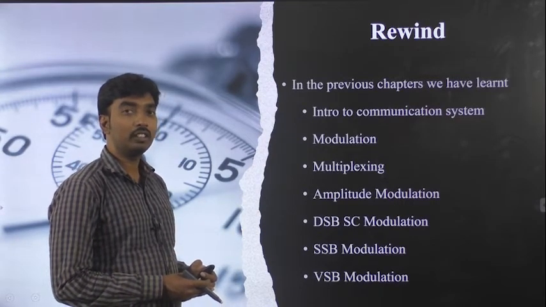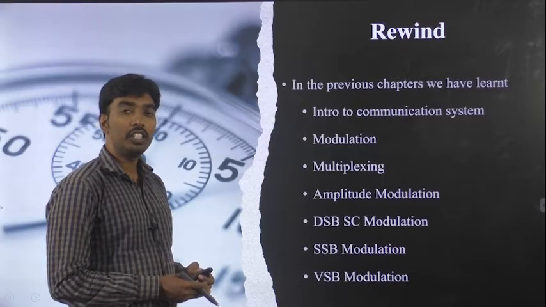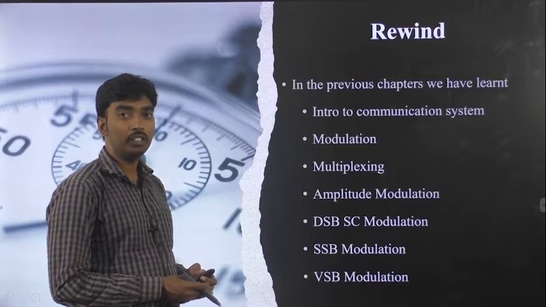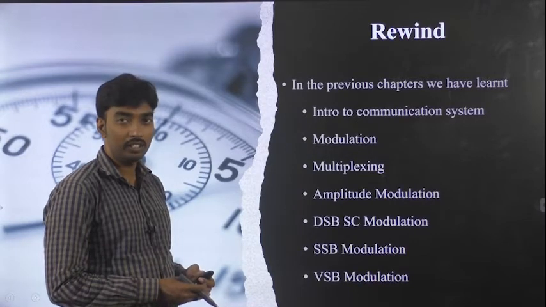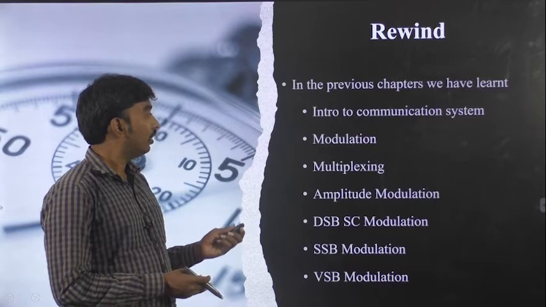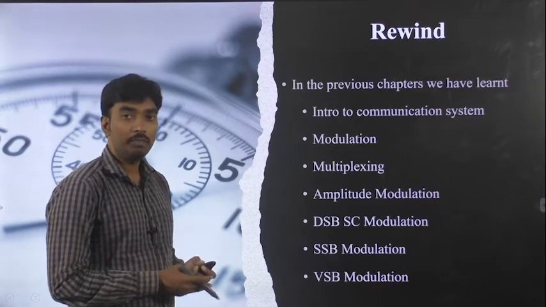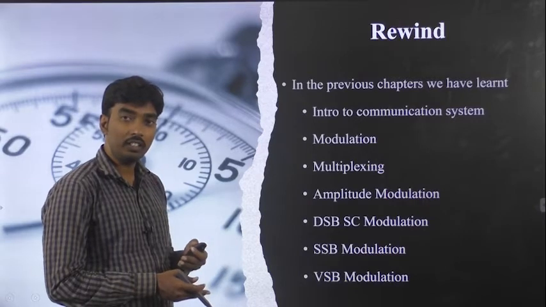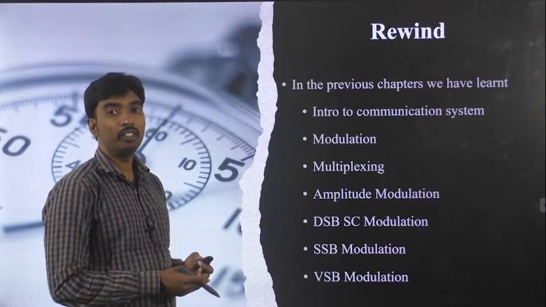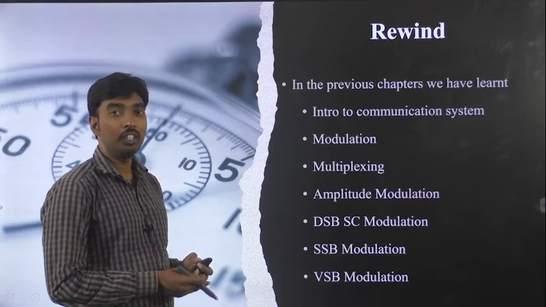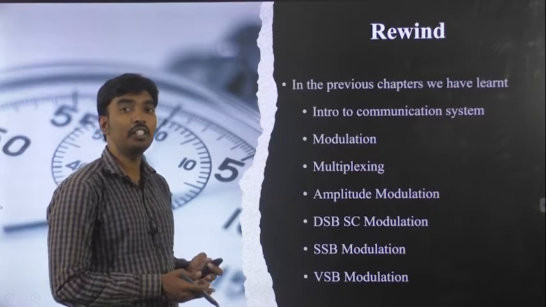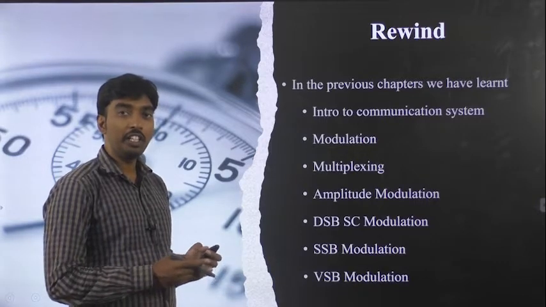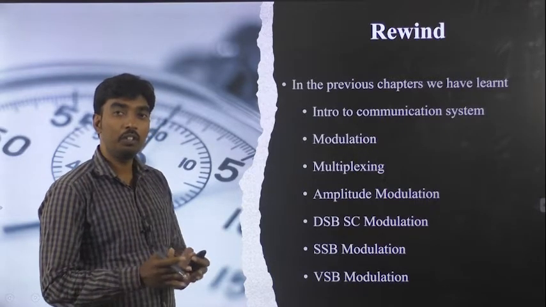Modulation is nothing but the process of changing the characteristics of a high frequency carrier signal with respect to the instantaneous values of the message signal. And then by doing the modulation, we can multiplex the various signals and transmit over a single channel. Under this, we have discussed frequency division multiplexing, where the entire channel bandwidth is divided among n number of users.